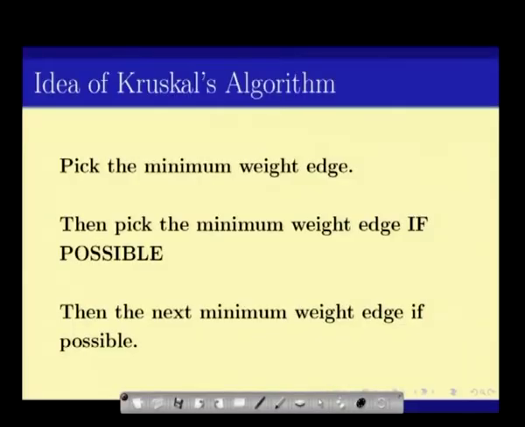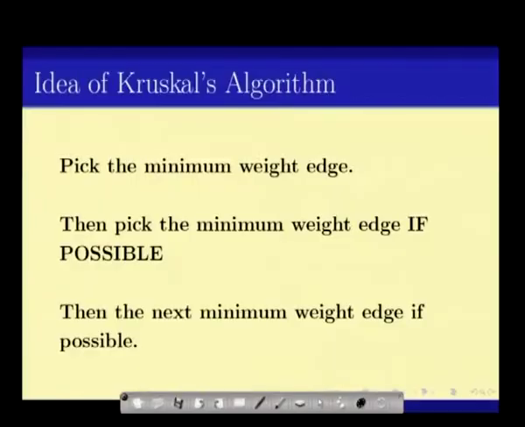So, we pick an edge as long as a cycle is not formed, and then pick the next one, and if it does not again introduce a cycle, pick that one and keep on doing it. It is clearly greedy because we are not doing anything non-trivial, and it is not clear at all by looking at this idea of the algorithm that it will ever give a right answer. That is always the problem with greedy algorithms.